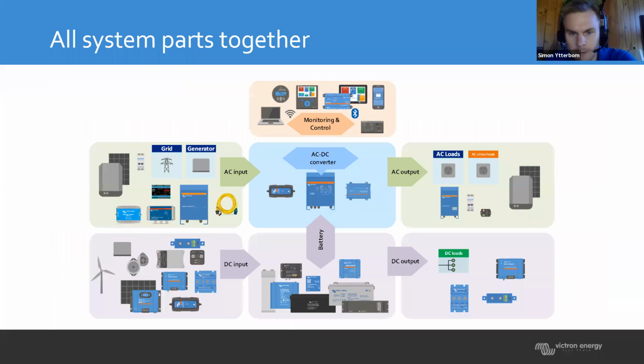So once we've looked at all these components, we can start to puzzle together the system that we are looking to install, and we can start moving into the installation aspect of our system. We've selected that we need this many amp hours of batteries, and we know that we want to use lithium or AGM. We have the right size inverter, the right size charger, and based on how fast we can charge them, solar panels and so on.